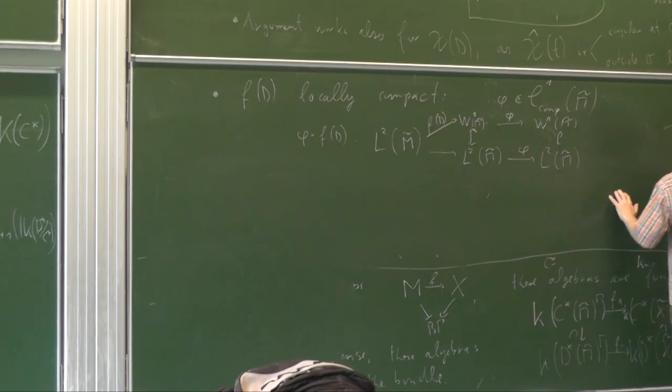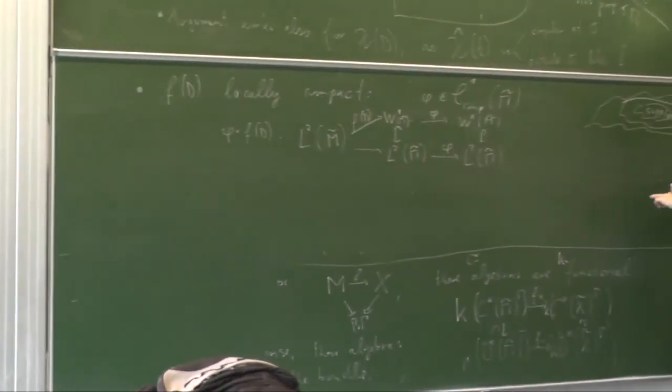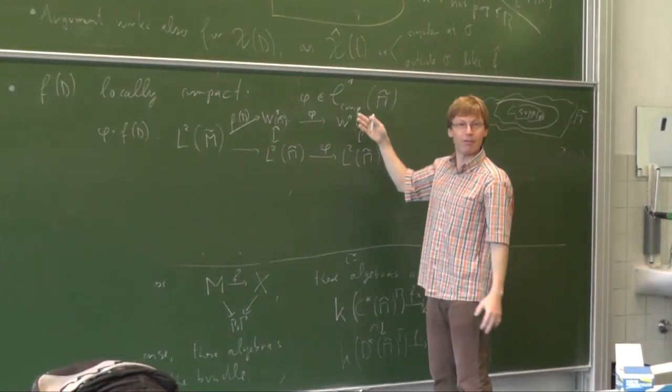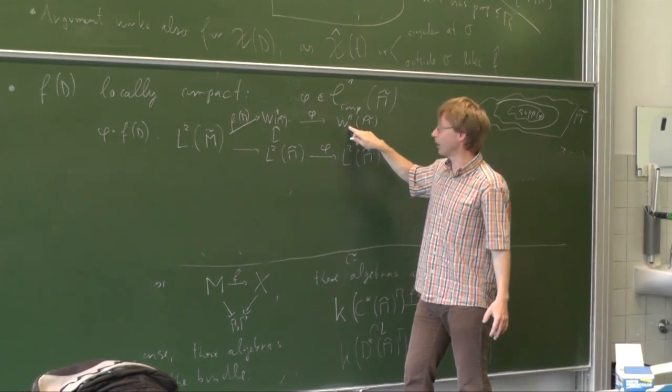And then we have some non-compact manifold N tilde, but here we have the support of phi, and everything is only happening on the support of phi, and the technical trick would be to cut out some region, take the double, so this inclusion is the same as the inclusion of W1 into L2 for a compact manifold. Because everything, after multiplication with phi, is in the support of phi.